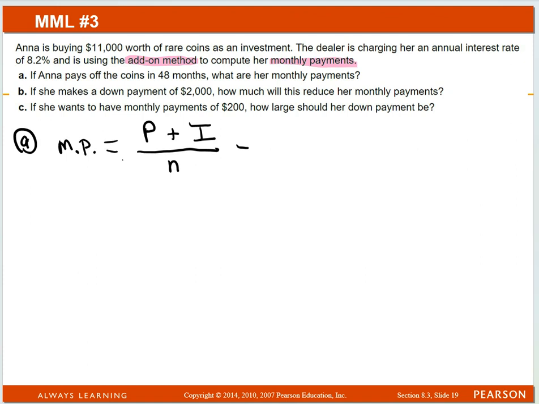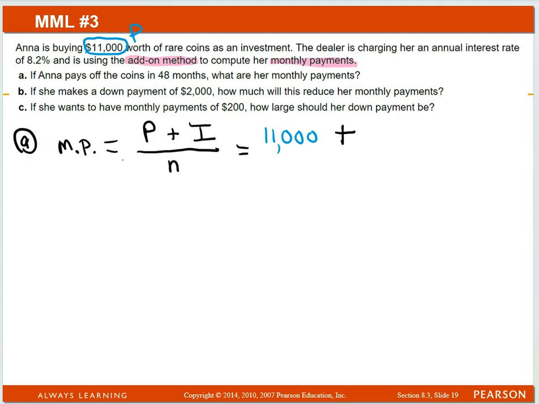Now, she wants to buy $11,000 worth of rare coins. That is her principal. That's what she's borrowing to buy these coins.